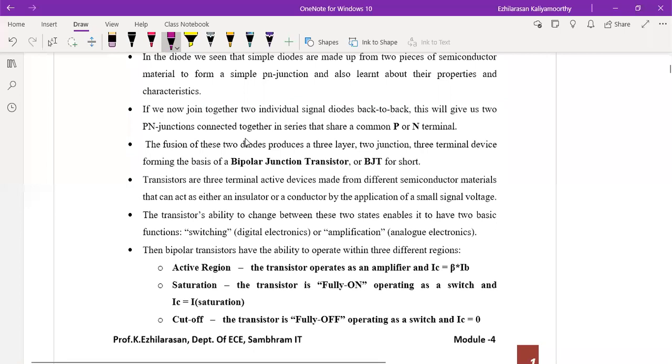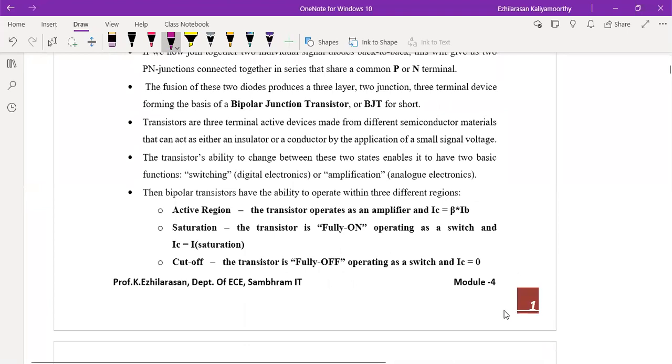Next, once the three terminals are formed, we can say the BJT is an active device made from different semiconductor materials. It may act as an insulator or conductor by applying a small signal voltage.